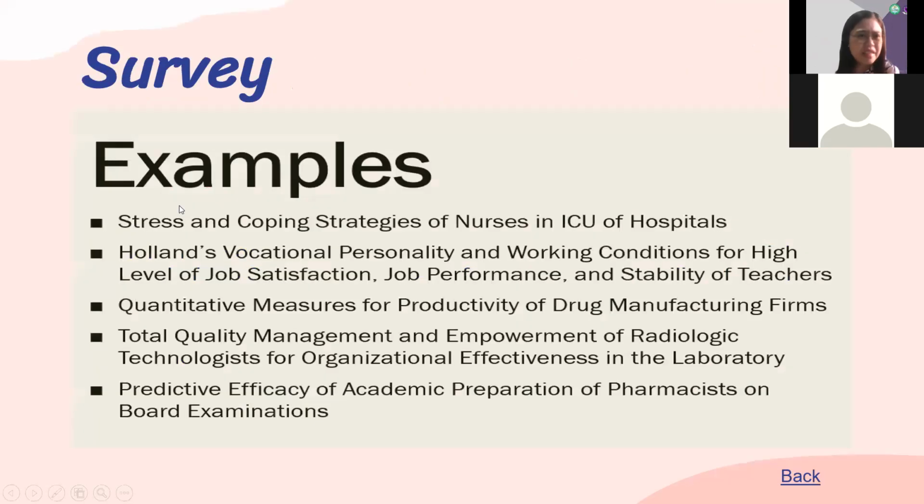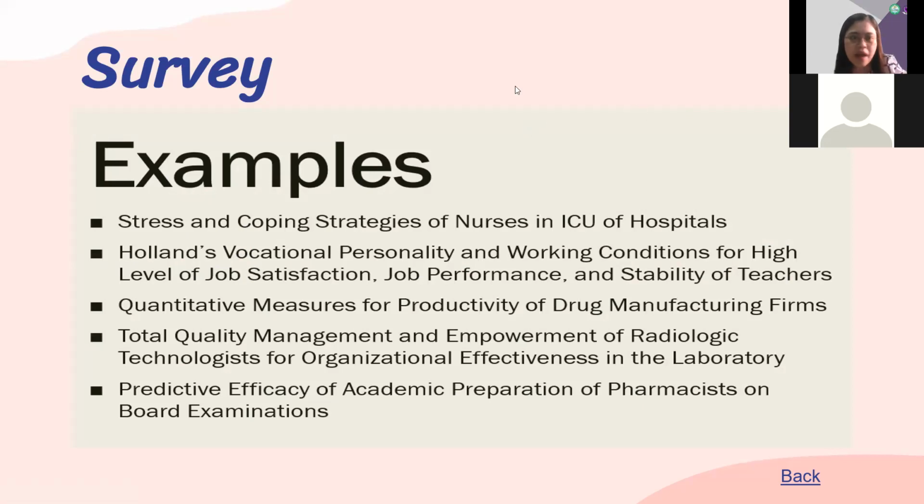Now, let's look at some examples of a descriptive survey research. We have here stress and coping strategies of our nurses in ICU of hospitals. So the researcher here will be making his or her own questionnaire, asking for the stress levels of the participants and how they cope up with that stress.